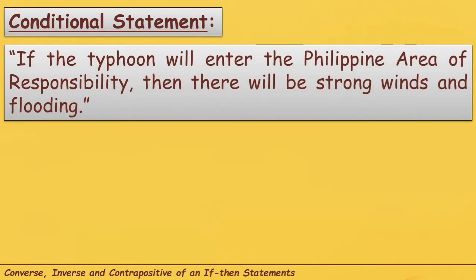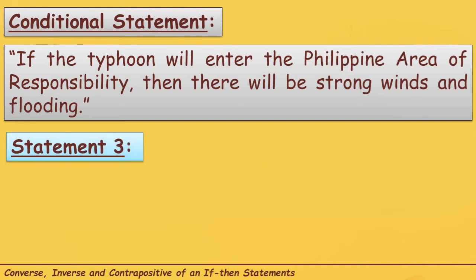Okay, so balik ulit tayo sa ating original conditional statement. If the typhoon will enter the Philippine area of responsibility, then there will be strong winds and flooding. This time, we are now going to compare the original statement or the conditional statement with our statement number 3. Pangatlo na tayo. Kasi yung una is converse, pangalawa, inverse, and let us find out this statement number 3.